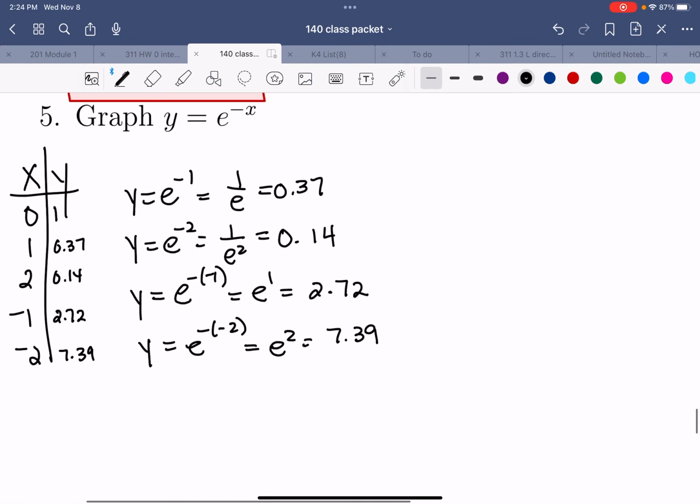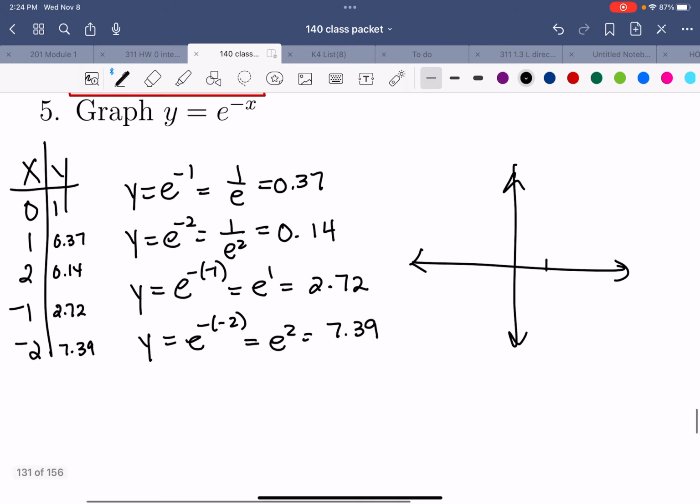Okay, and so if we graph that, it looks like this. At 0, we get 1. At 1, we get 0.37, which is pretty small. And at 2, we get something that's very close to 0. At -1, we're at 2.72, so here-ish.